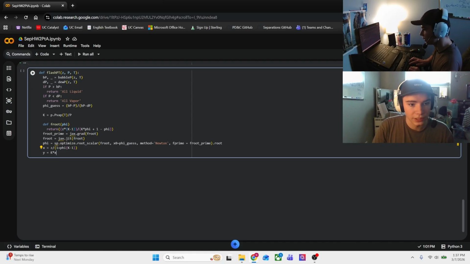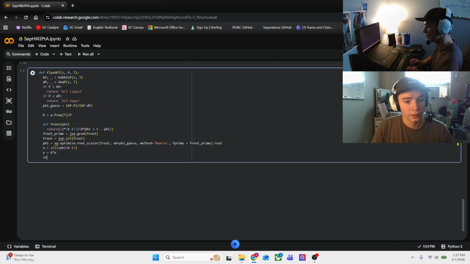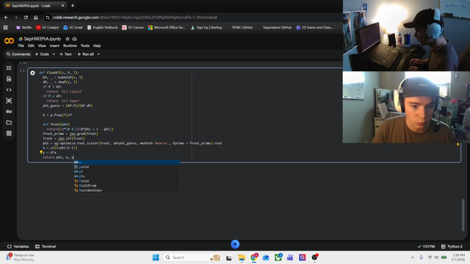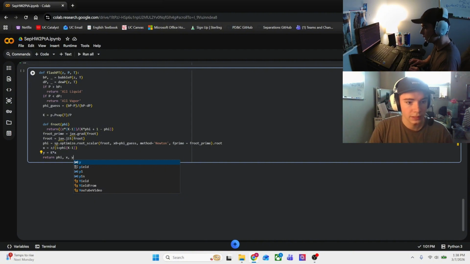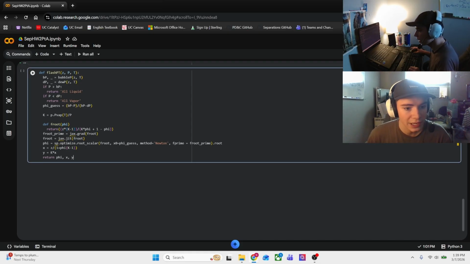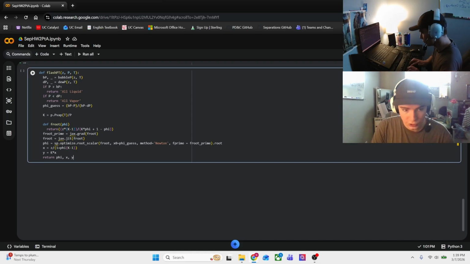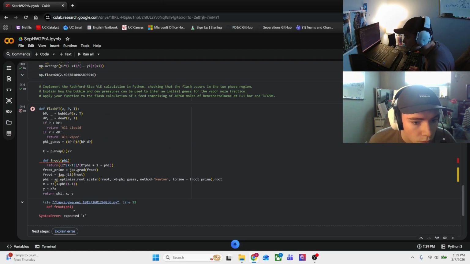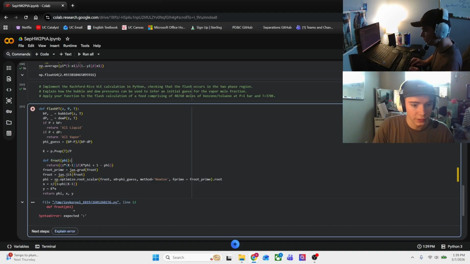And then we are going to have this big function spit out our phi, our x, and our y. And that should be our function for our Rachford-Rice. All right, now that we have our function here, you can shift enter. Oh, forgot to put a colon in there. Shift enter.